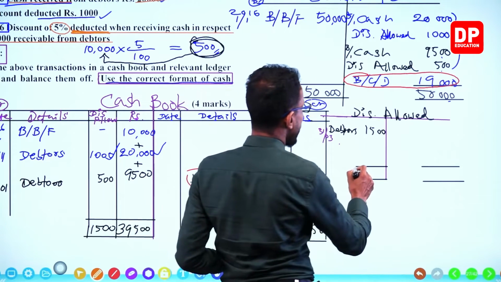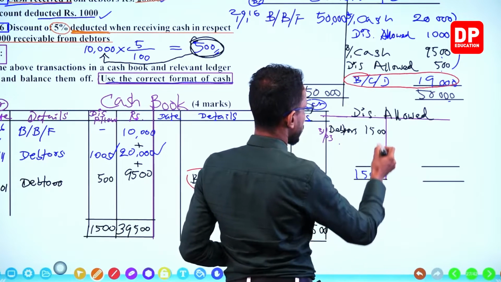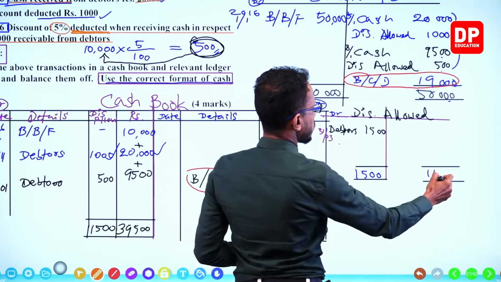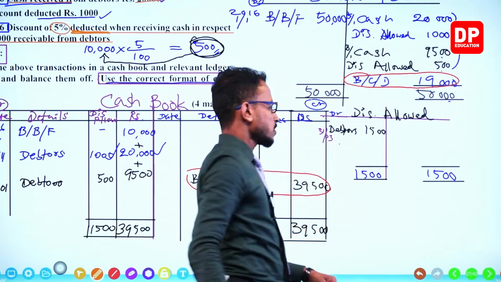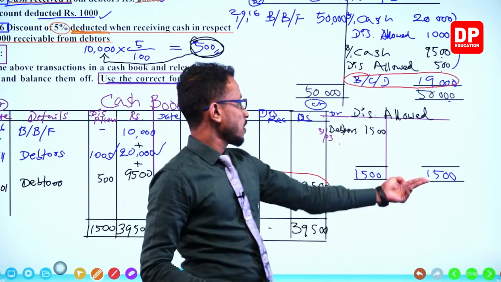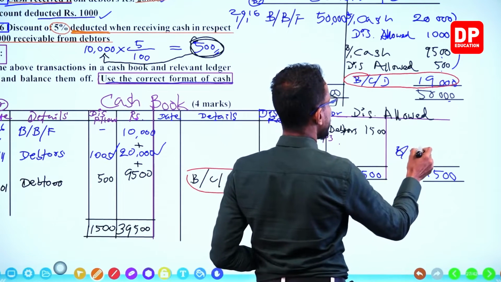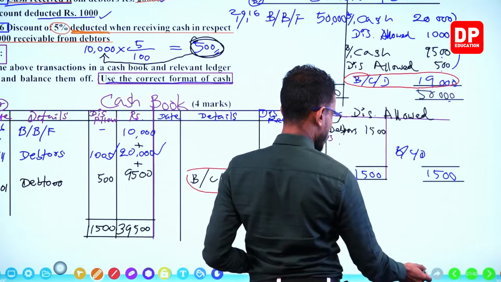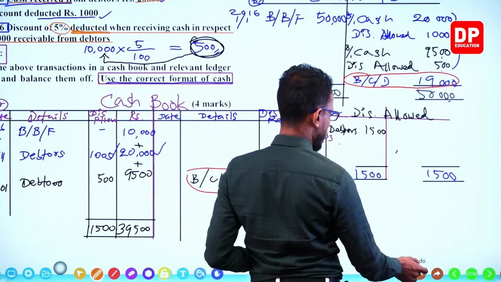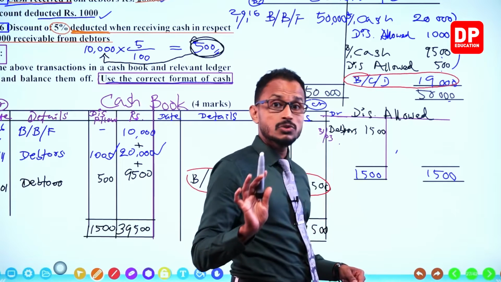You mention that the debit side is the higher side. No, debit side 1,500. Same total in the credit side, so the account is balanced now. And don't mention it as BCD. Should mention in expense accounts and income accounts.